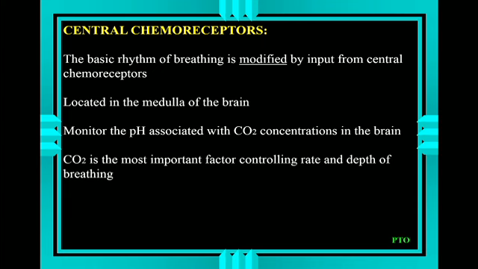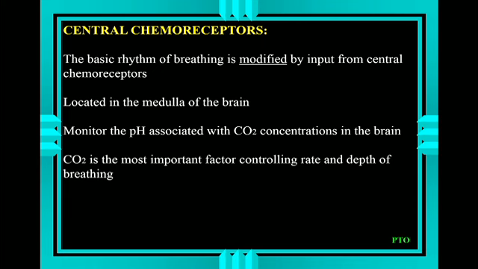Anyone remember what that's called? What do we call the fluid surrounding the brain and spinal cord? In this instance, the cerebral spinal fluid, or CSF. Well done. So the central chemoreceptors are monitoring the pH of the CSF, which is influenced by carbon dioxide in the CSF.